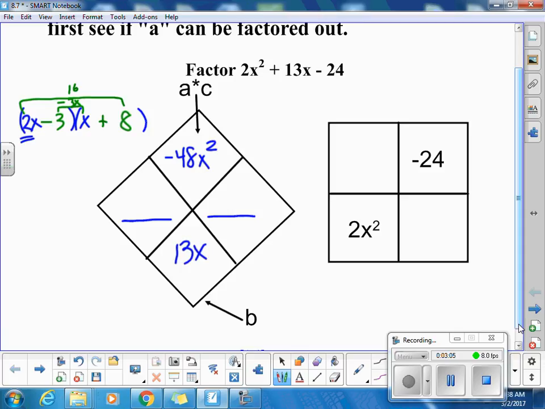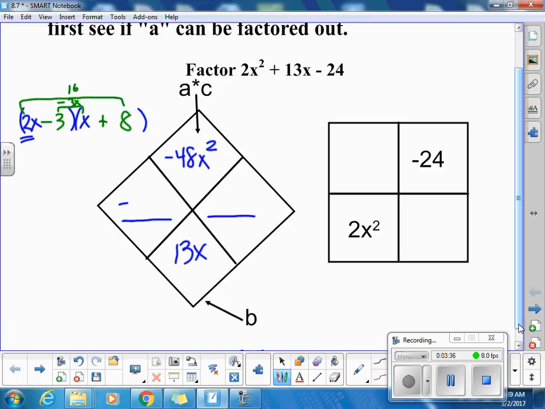If they multiply together to give us a negative number, I know one has to be negative, one has to be positive. And the difference has to be a positive 13. So I have to think of factors of 48, one that's bigger than 13, because it's going to be that number minus another number to get to the 13. I know 16, and 16 goes into 48 3 times.